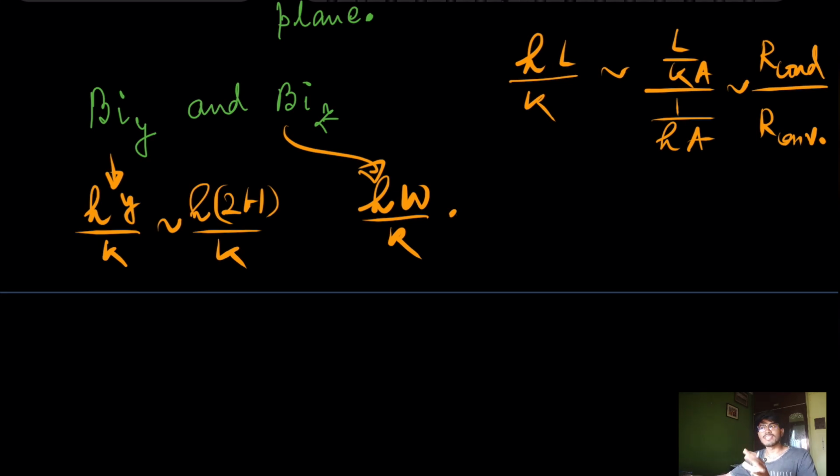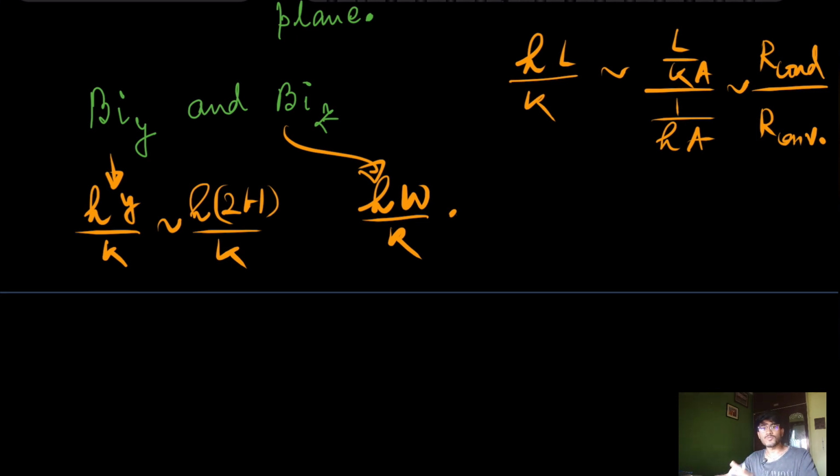There the thing was that I have my thermal resistance so large that no heat can penetrate. So that is why I took heat transfer equal to 0. Now here heat transfer is not equal to 0. Heat transfer is there, but the thermal resistance is so low that the temperature variation here is almost negligible. So both of these arguments are very interesting and are not the same.